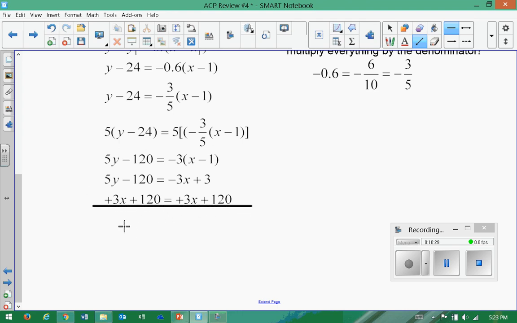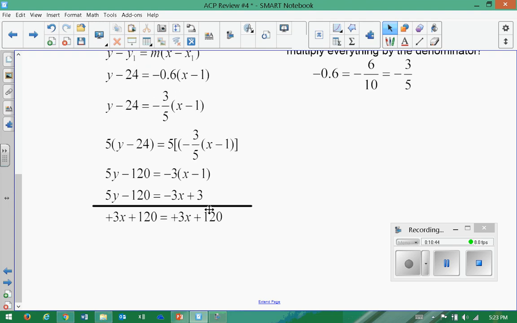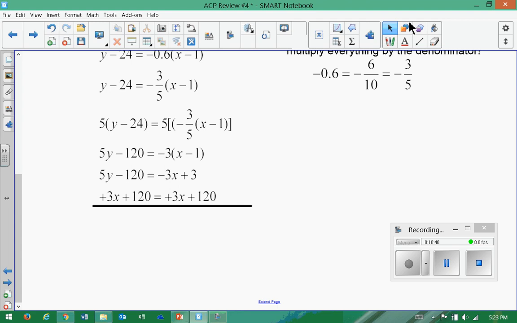And what happens is I can't add 5y and 3x in the same term.